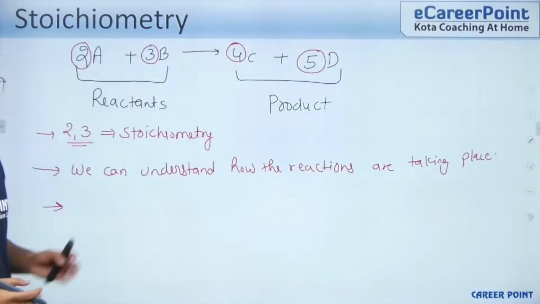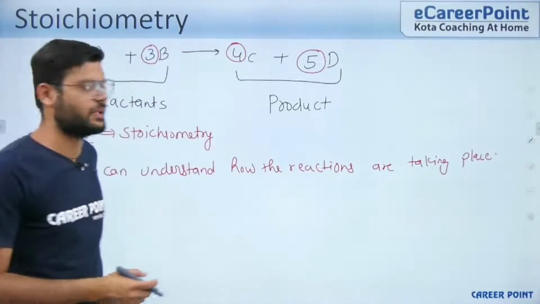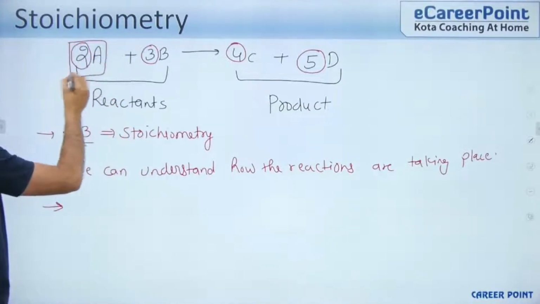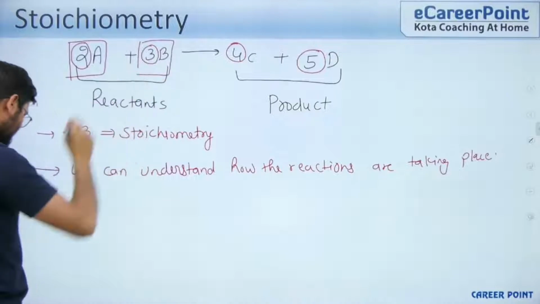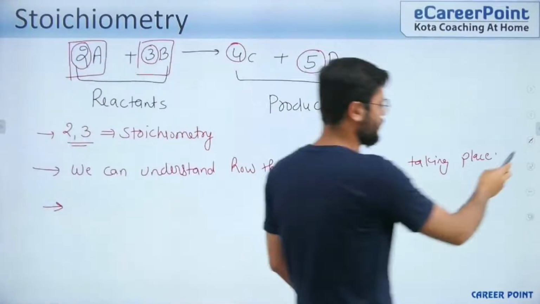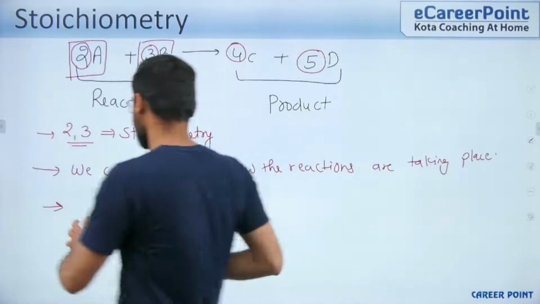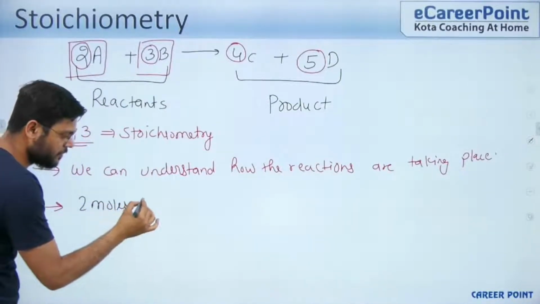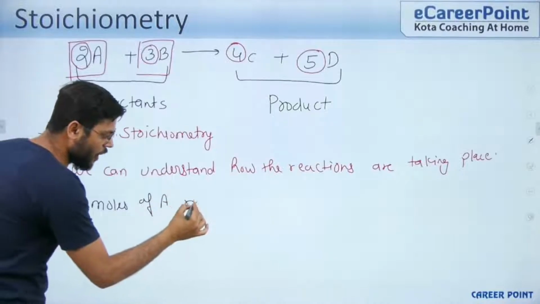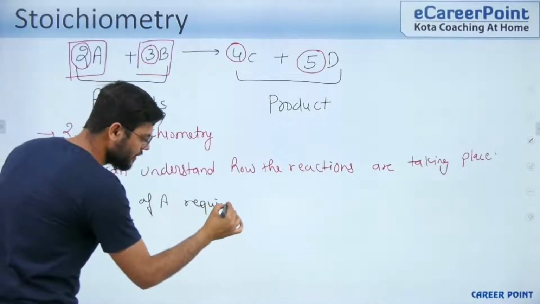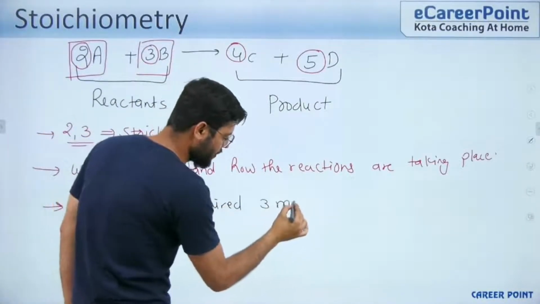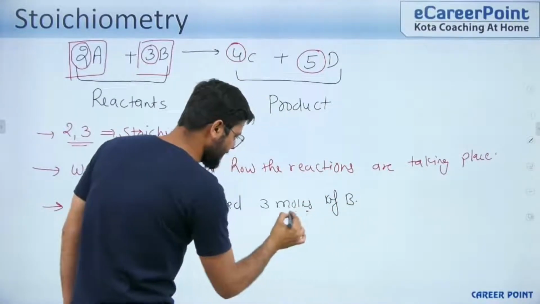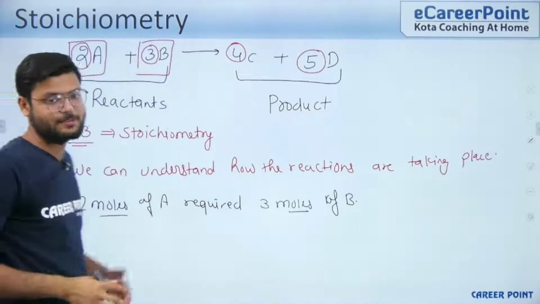What is the significance of these stoichiometry? Let's look here. What does it mean when we have 2A and 3B? What information can we extract from here? The information is that 2 moles of A require 3 moles of B. In the last class we understood in detail what moles are.